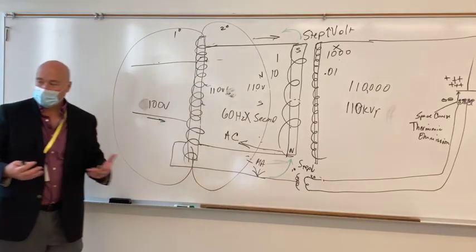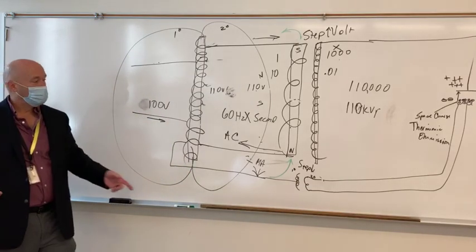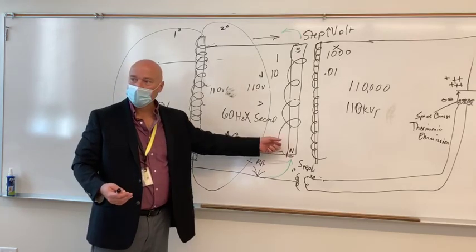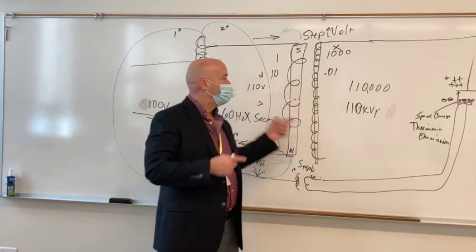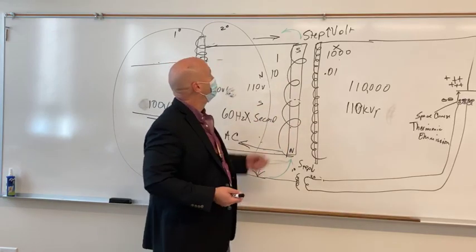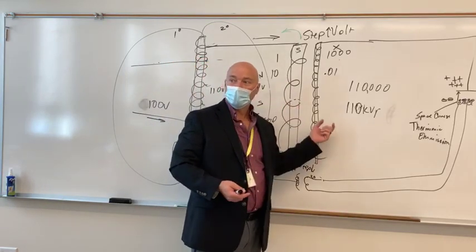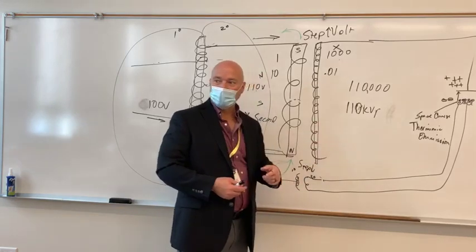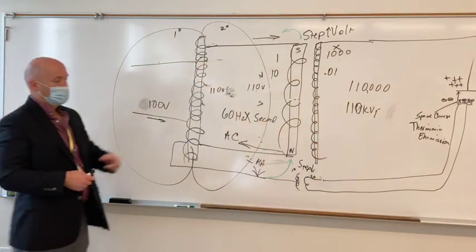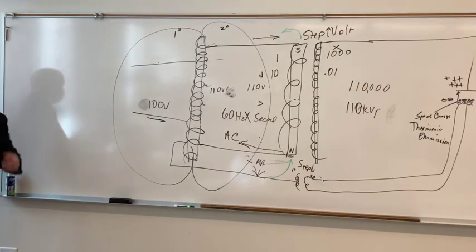Because alternating current creates a changing magnetic field, right? So that if we move a secondary coil close to it, we can induce an alternating current in the secondary side, and we can increase or decrease the magnitude of the voltage in the secondary side.